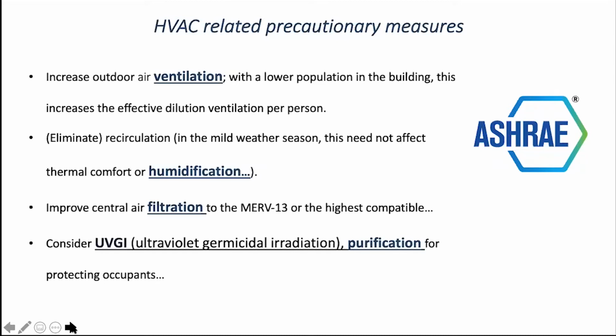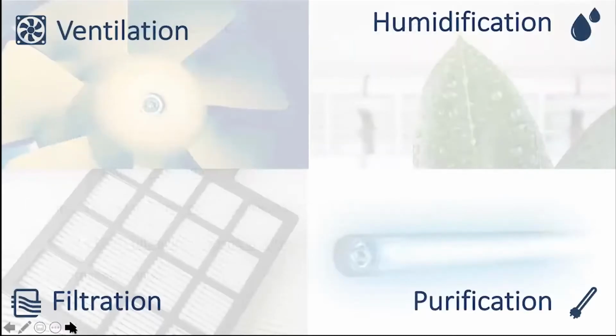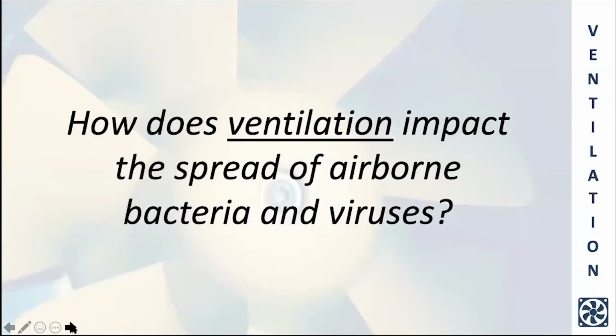What they tell us is that when we can impact or improve these 4 functions of indoor air quality, we can create a safer environment for occupants. And that's what we're going to be discussing today: the 4 areas of concern of indoor air quality and what we can do to improve them in order to be more effective at protecting our building occupants against the pandemic. Now, first, let's talk about ventilation.